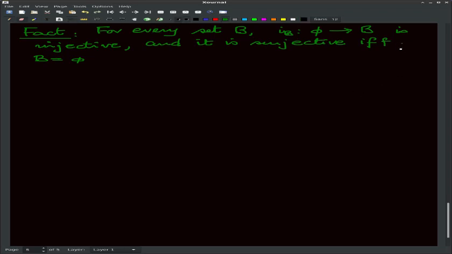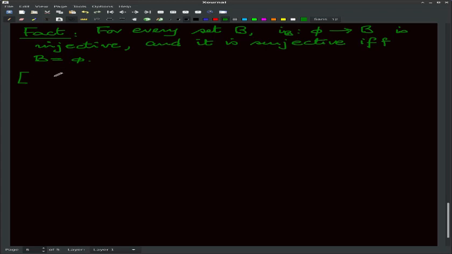So what's the proof? The proof is very simple. Remember, what do I have to show? To prove injectivity, I have to show it's left cancelable. Right? Okay. So let's see.